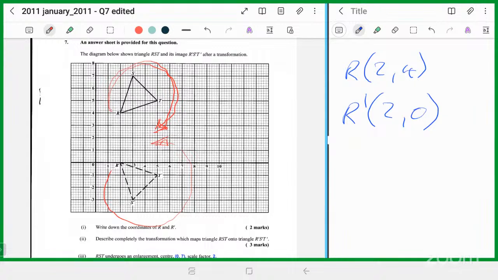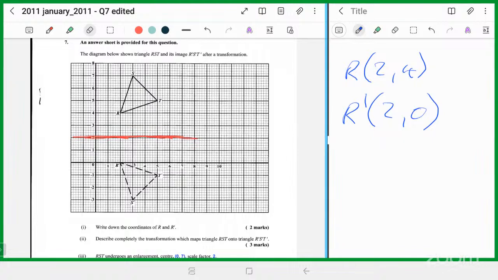The mirror line will always be equidistant between the points. So the mirror line is halfway between the R and the R prime, halfway between the T and the T prime. That's the mirror line, halfway between corresponding points. That line is a horizontal line, so it's y equals a number.